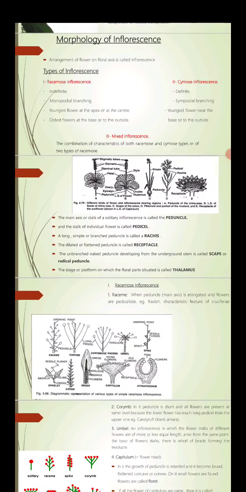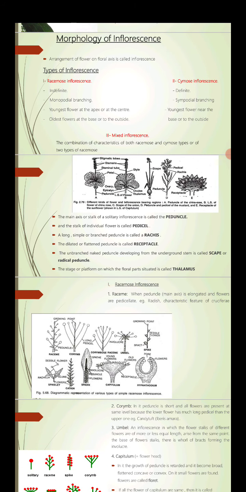Here it's written properly, the difference between the racemose and cymose. The racemose inflorescence is indefinite and the cymose inflorescence is definite. Racemose inflorescence has monopodial branching and cymose inflorescence has sympodial branching.